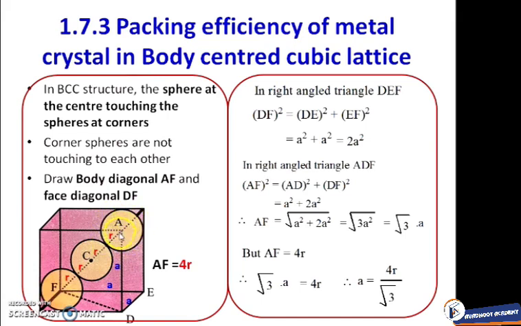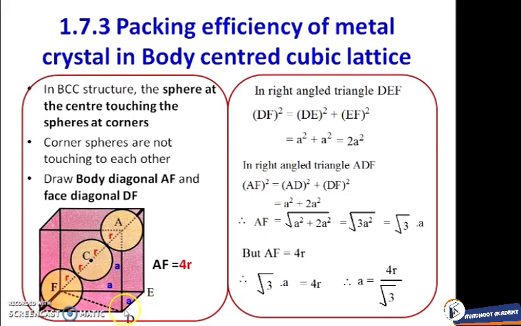The atom A is the corner atom of the front face, and this atom F is the corner atom of the backside face. Now the diagonal AF is drawn. This is the body diagonal, and diagonal DF is also drawn. This is the face diagonal.